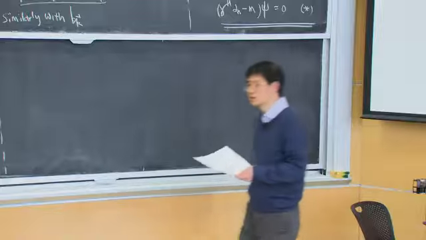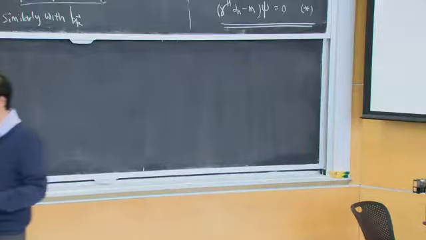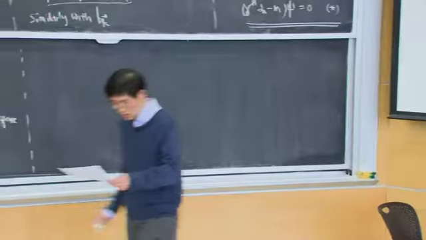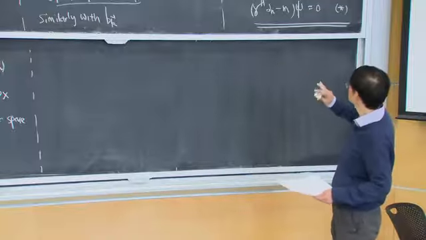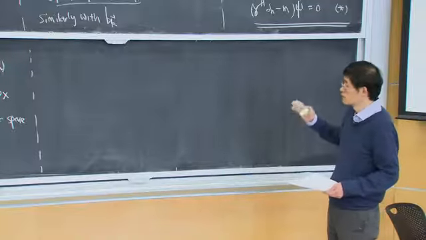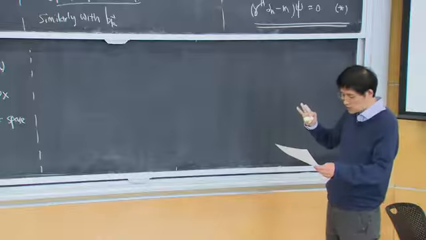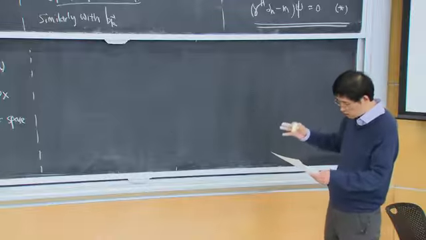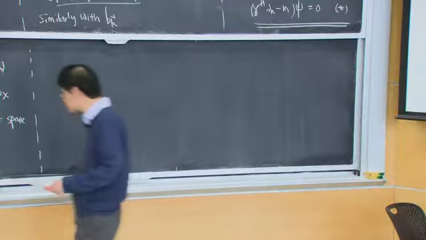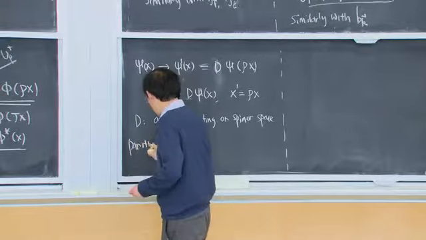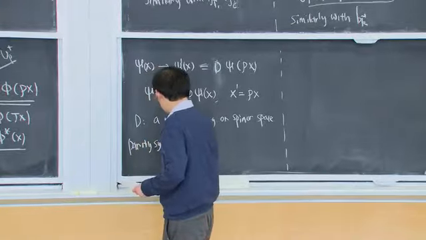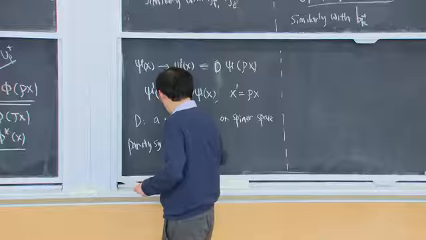Do you have other questions? Good. So what do we mean by the Dirac theory being parity invariant? We say this Dirac theory has a parity symmetry, so you can always define a parity operation.